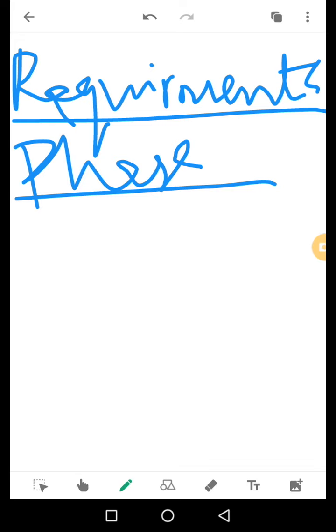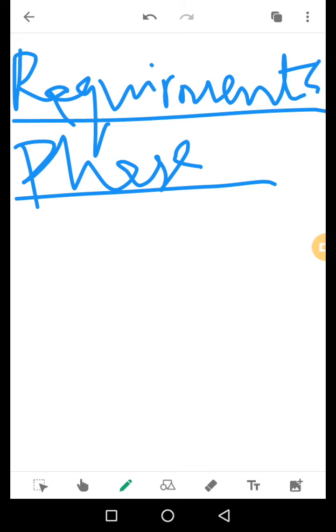The detailed requirement level, let me say it like that, depends on the number of people that will use the system, and it also depends on the degree of complexity of business processes and the size of the application.